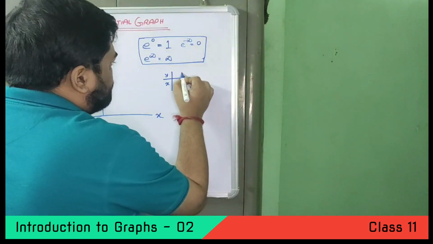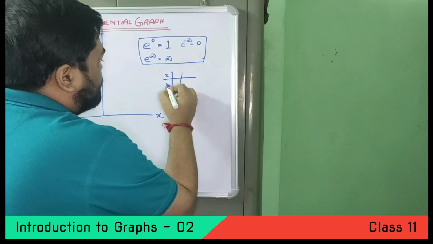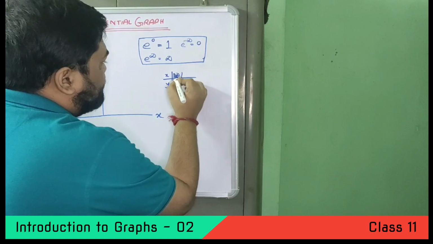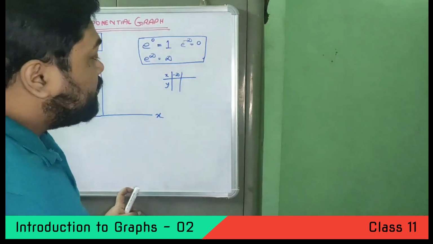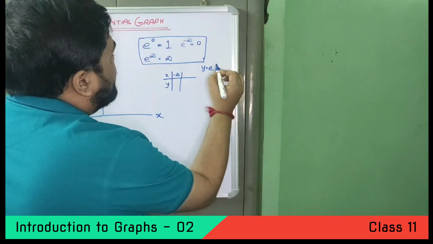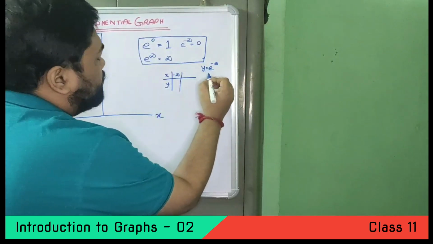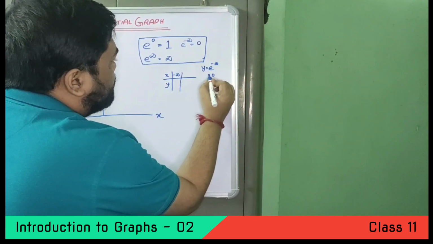Now if I put the value of x as minus infinity, what will be the value of y? The value of y will become y equals e to the power minus infinity according to this equation, and its value will become 0.